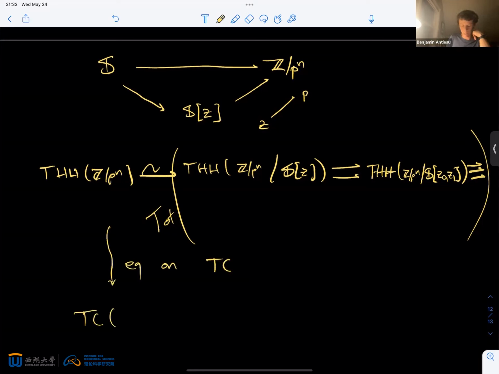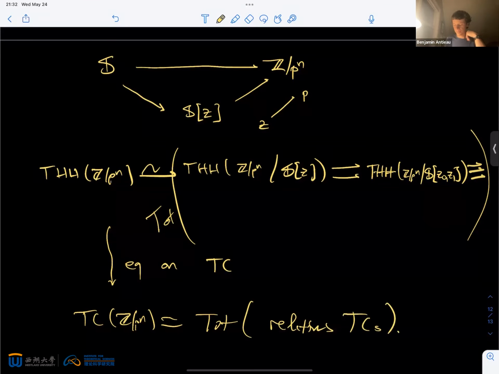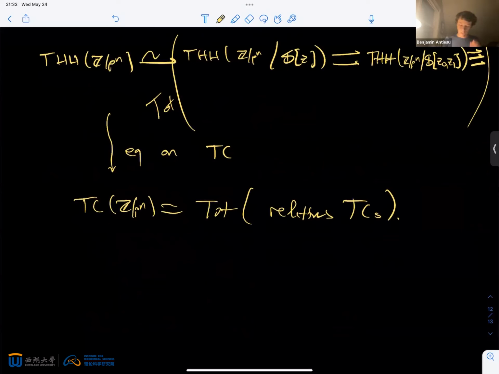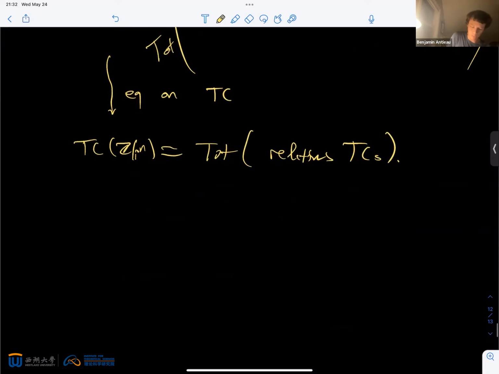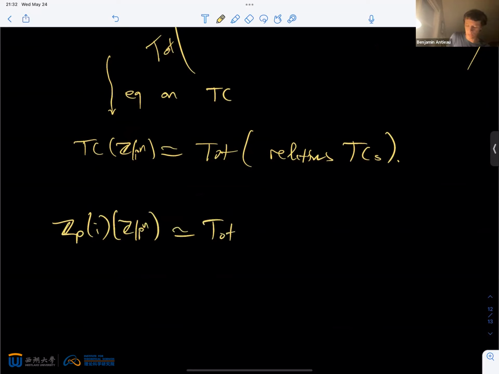So TC of Z mod p to the n is a Tot of relative TCs. And it turns out that there's also a theory of relative prismatic cohomology and relative syntomic cohomology. And so what that lets us do is realize Z_p(i) in any given weight of Z mod p to the n as being the Tot of some big cosimplicial diagram.